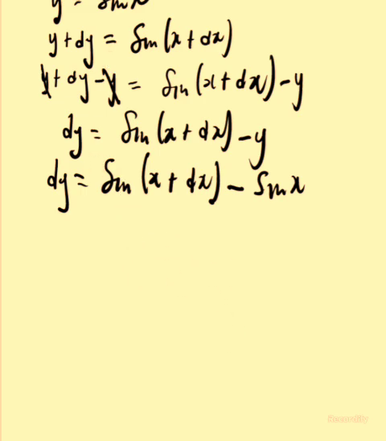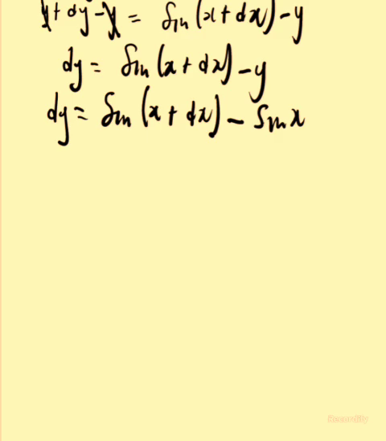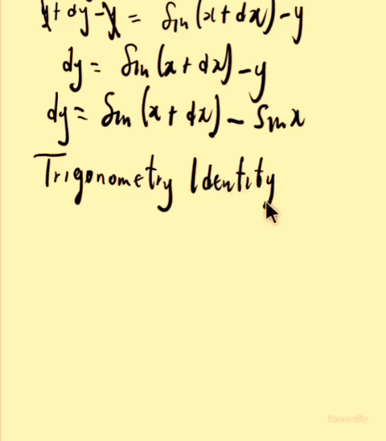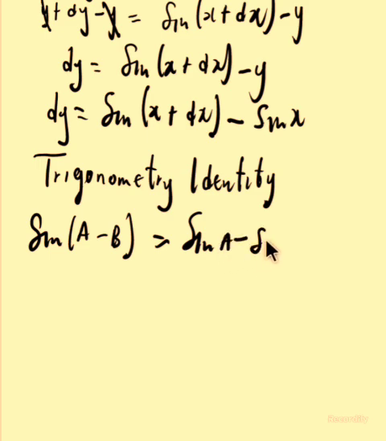Now I'll be applying the trigonometric identity of half angle. Don't forget, if you're having something like this, trigonometric identity, let me write that. For the trigonometric identity, if you're having sine of a minus b, no, sine a minus sine b, I don't want you to be confused when you see this in another textbook.